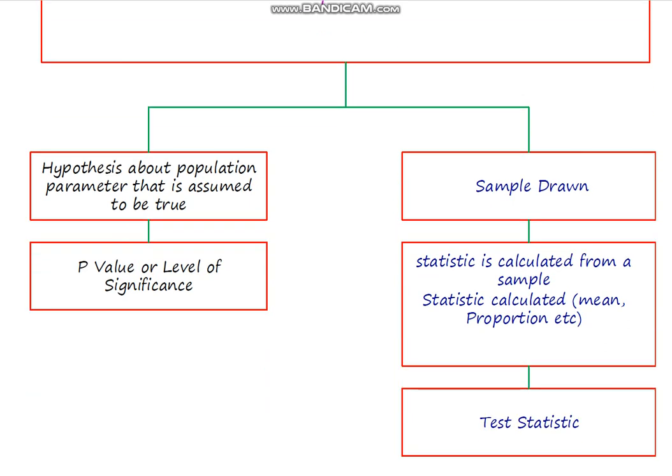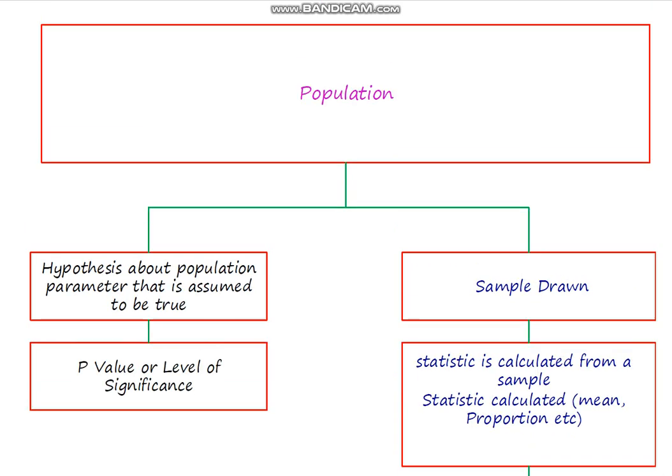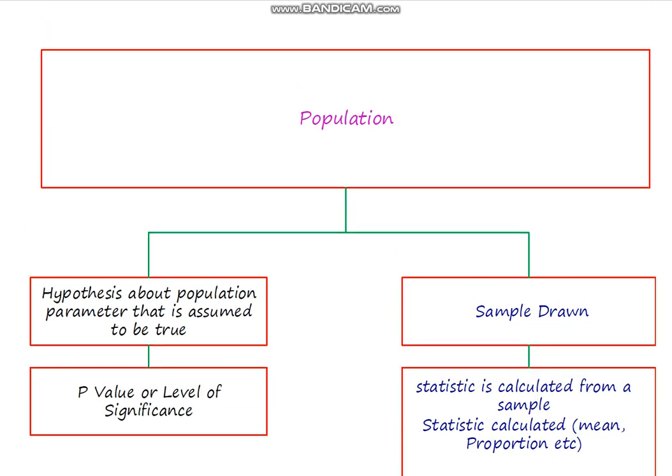From these sample values we calculate the value of the test statistic, and on the basis of this value, compared with the p-value, we take a decision about the population parameter.